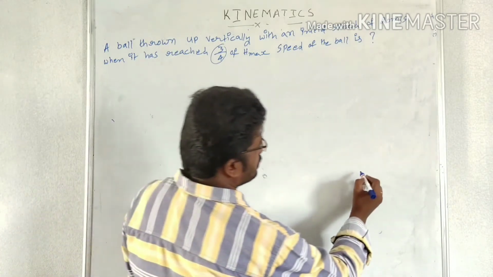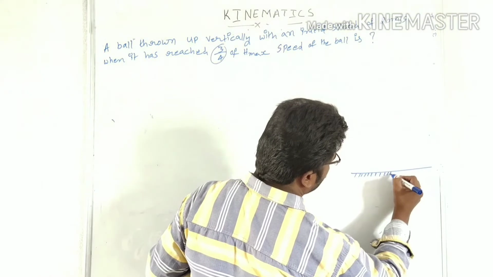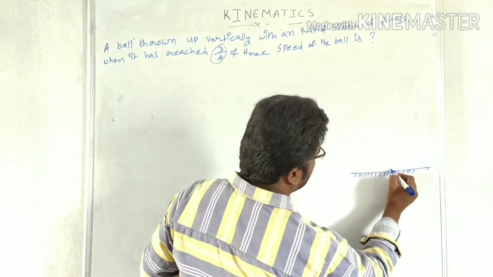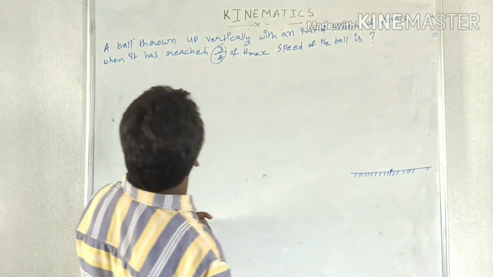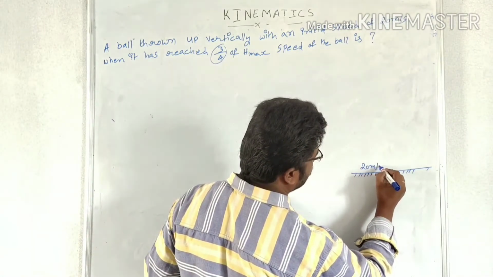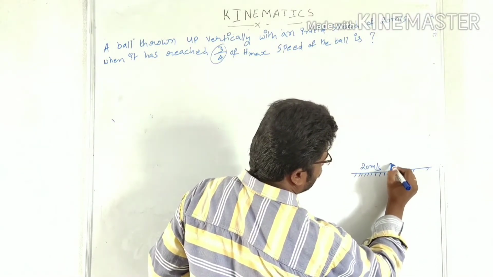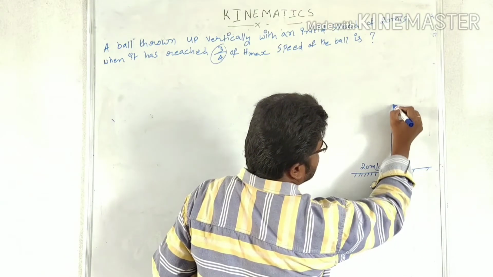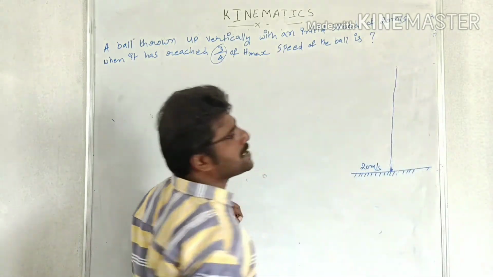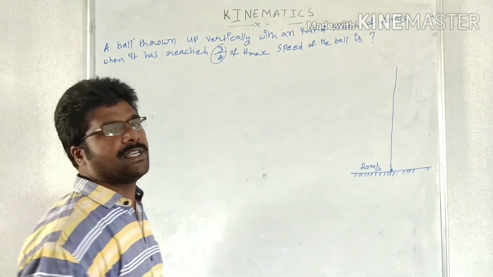Let us consider this is the ground. From here, a ball is thrown vertically with a speed of 20 meters per second. As the body moves upwards, its velocity decreases, and at one point, that is at maximum height, the velocity becomes zero.